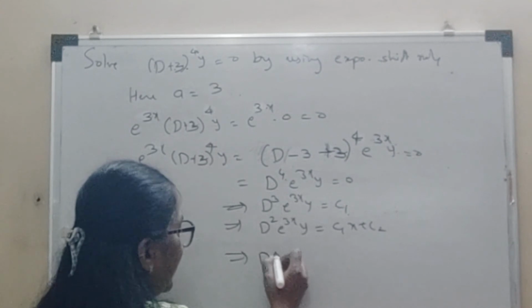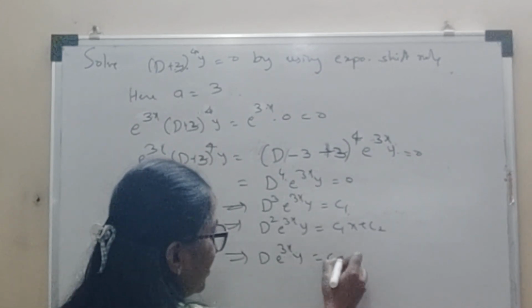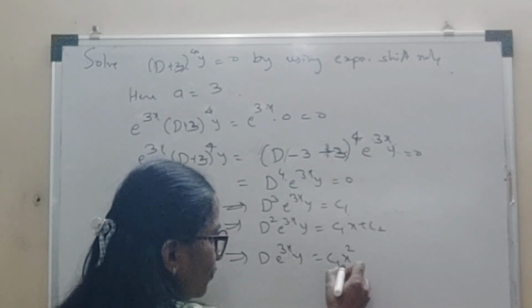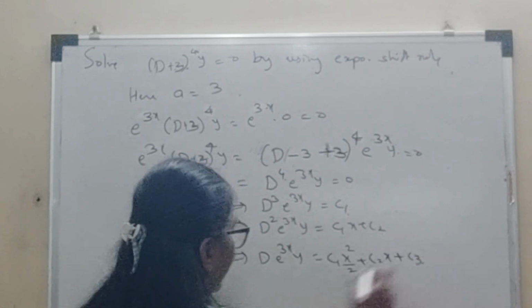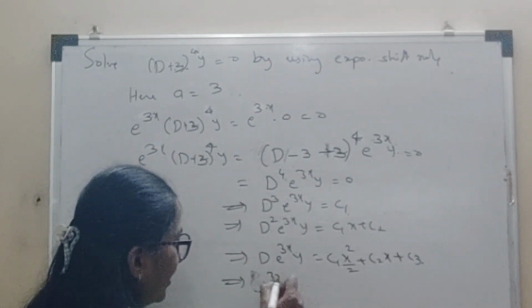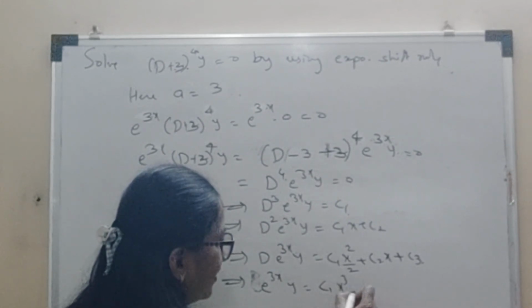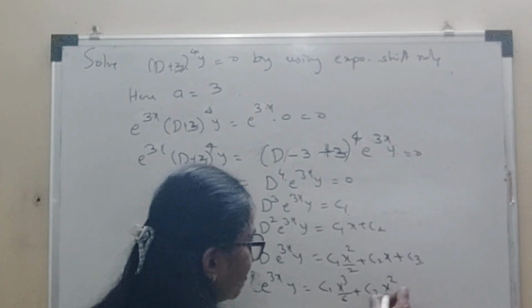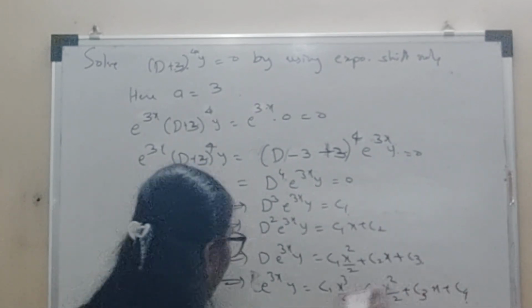Then once again integrate, then we get D operates on e raised to 3x y is equal to c1 x square by 2 plus c2x plus c3. Once again if I integrate, then I'll get e raised to 3x into y is equal to c1 x cube by 6 plus c2 x square by 2 plus c3 x plus c4.